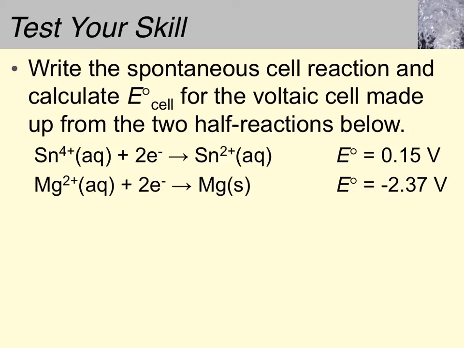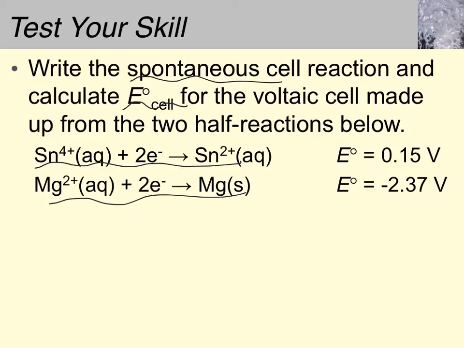This is a very typical, straightforward, relatively simple question about voltaic cells. Write the spontaneous cell reaction and calculate E cell, the cell voltage, for the voltaic cell made from the two half reactions below. One of the half reactions has to be oxidation and the other has to be reduction.